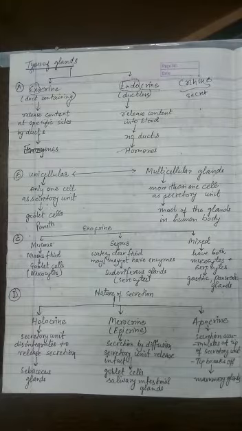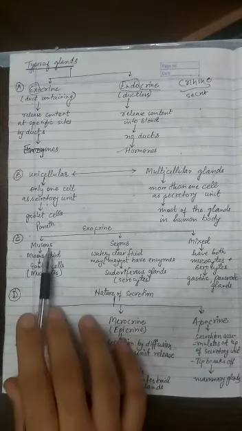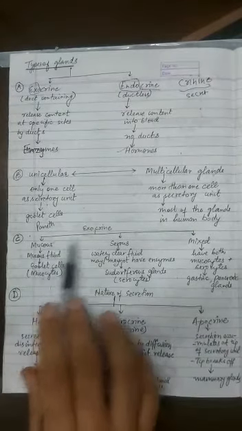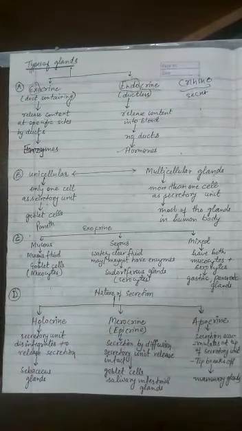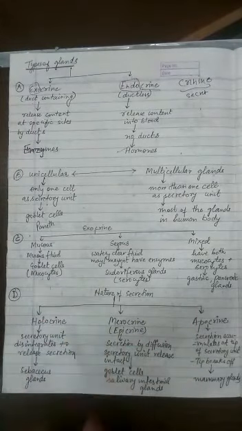If they secrete a mucus type of fluid, which is not rich in enzymes but will carry salts or bicarbonates or electrolytes, because it is carrying basic nature. So if it releases mucus, it is called the mucus type of exocrine gland, example goblet cells, and such cells can also be called mucocytes.